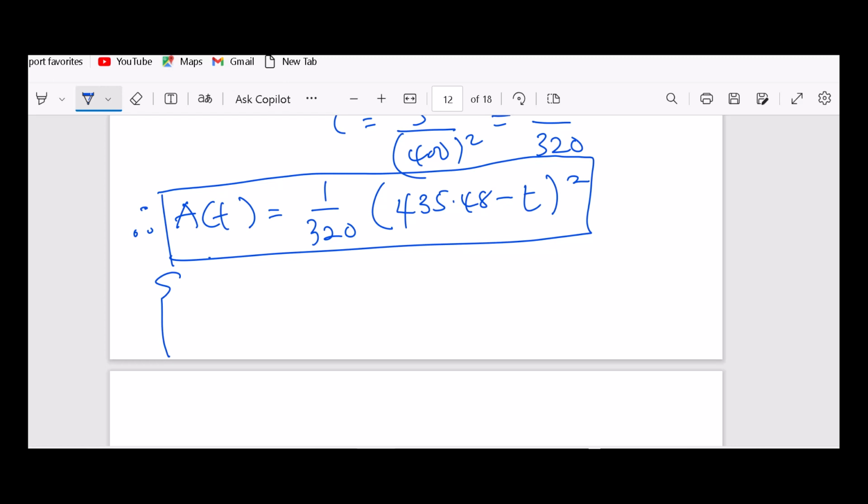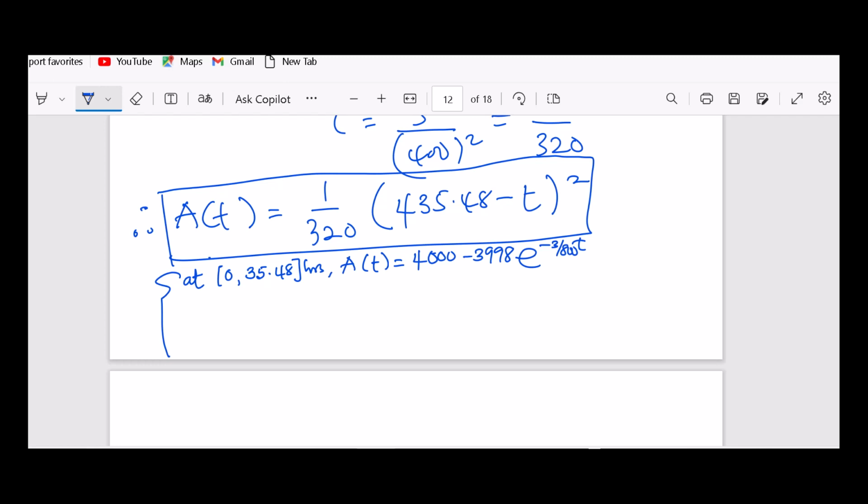So we know that from the interval from 0 to 35.48 hours, A of t was equal to 4,000 minus 3998 e power negative 3 over 800 t.